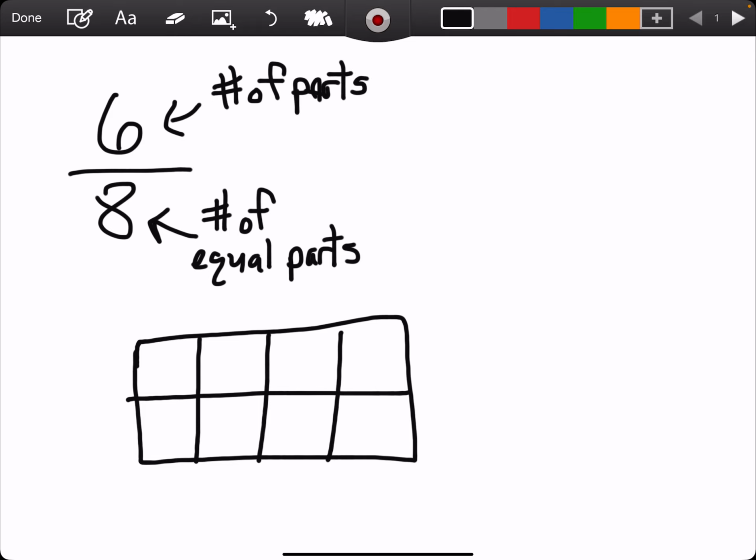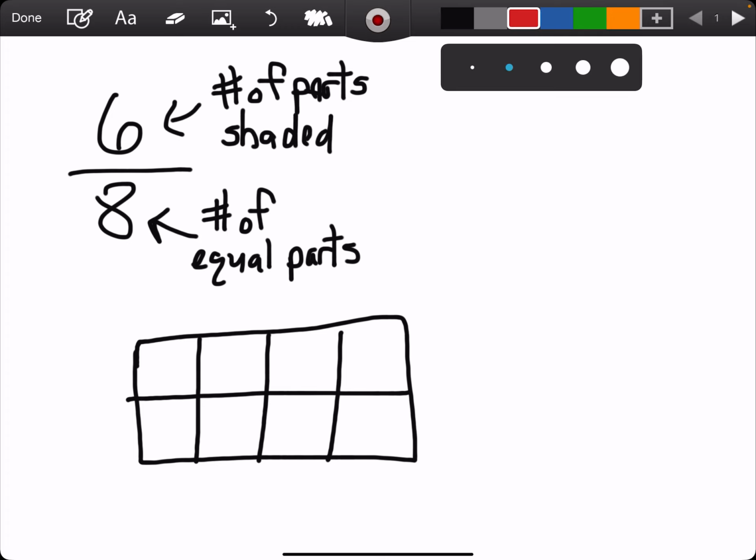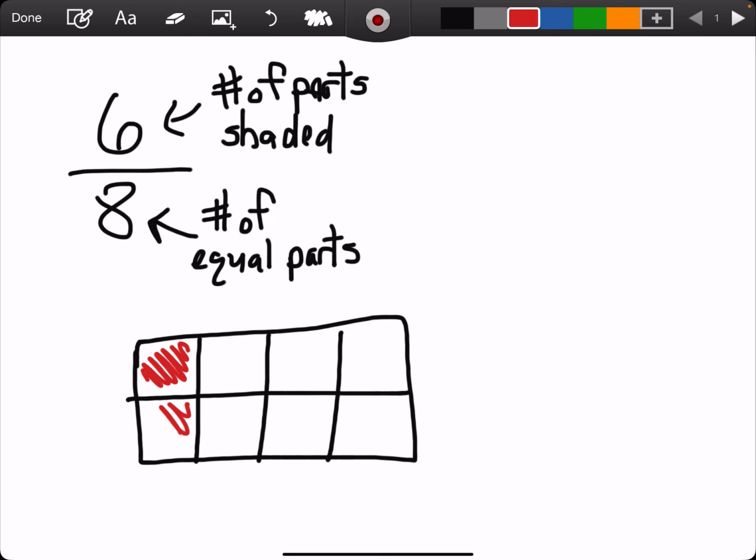I'm going to put number of parts shaded. So if I have 6/8, 1, 2, 3, 4, 5, 6. That is 6/8.